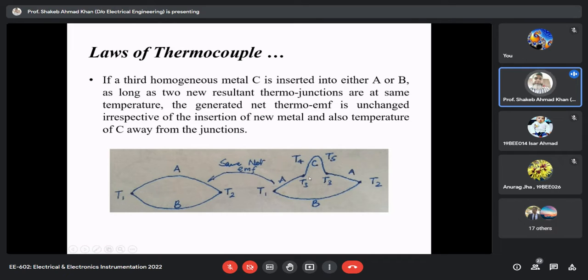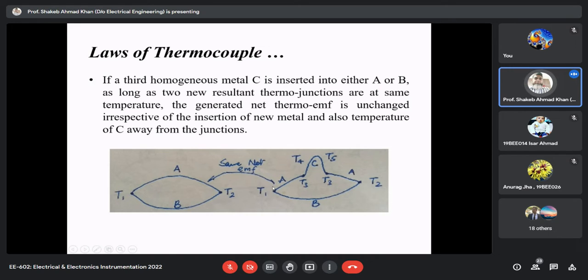So obviously there will be two more junctions between A and C. These are the new junctions because of the insertion of the third metal. If these two junctions are maintained at the same temperature, then this insertion won't affect the output.